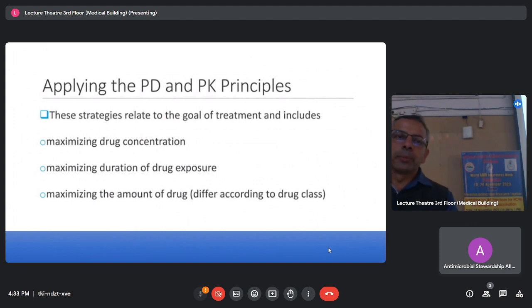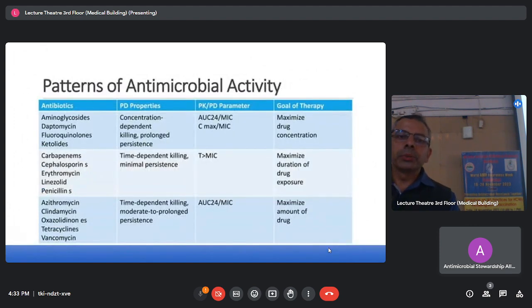Now, again, this is the same slide. Aminoglycosides have concentration-dependent killing, so maximizing the drug concentration is relevant. For carbapenems, cephalosporins, erythromycin and beta-lactams, maximizing the duration of exposure is more relevant.